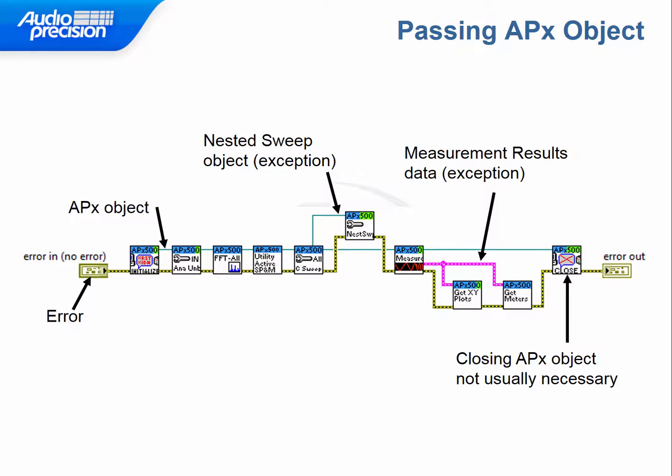It can be up to 40 seconds, I think. It can be longer if you're doing a version change because it uploads firmware. So you don't want to close it every time your VI ends. Instead, you could just use close .NET reference and not close the APx500 software.